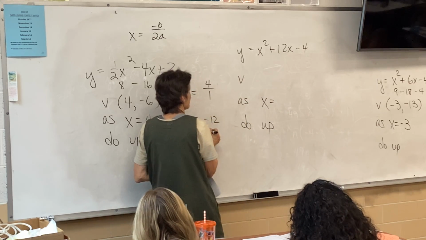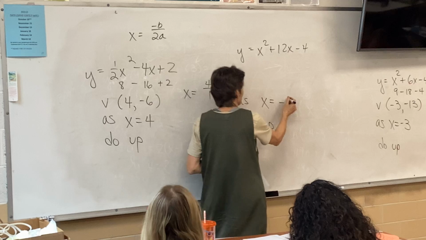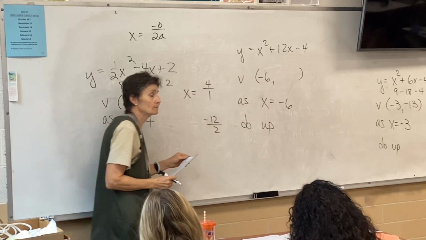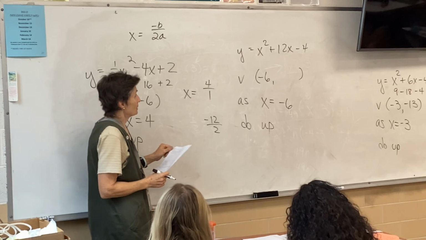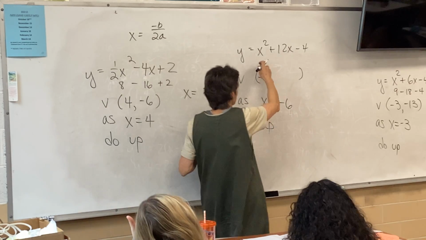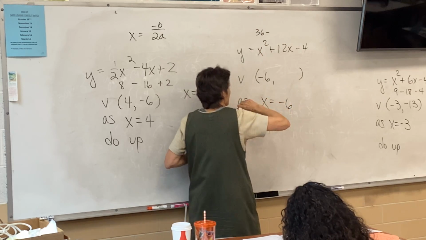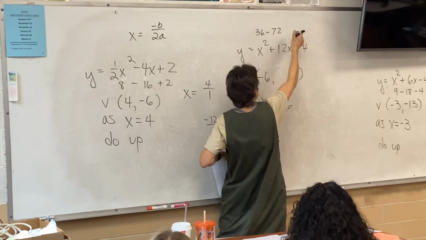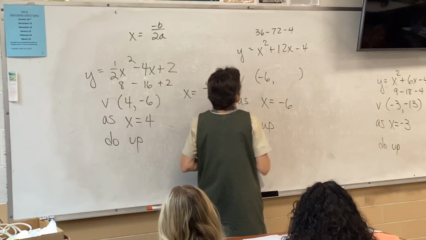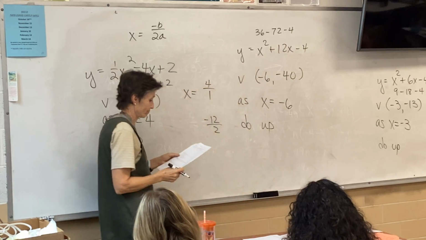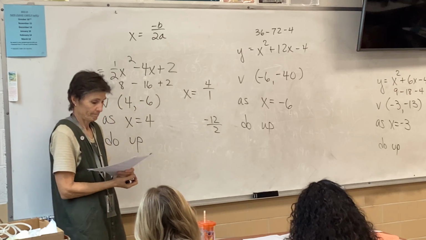Negative b over 2a. I got negative 6. Then I'll plug it in, so negative 6 squared is 36, minus 72, minus 4. Negative 40. Done.